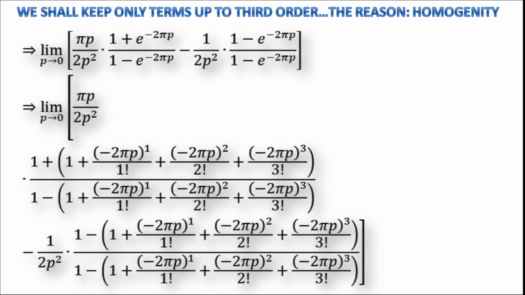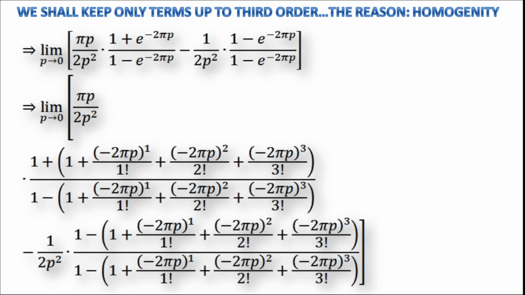So if you look at the denominator, it has p square, and if I expand the other factor in the denominator of the first term, 1 minus e power minus 2 pi p, then it would also become 2 pi p minus 2 plus 2 pi p. So p square multiplied by p cube, it would become p cube.